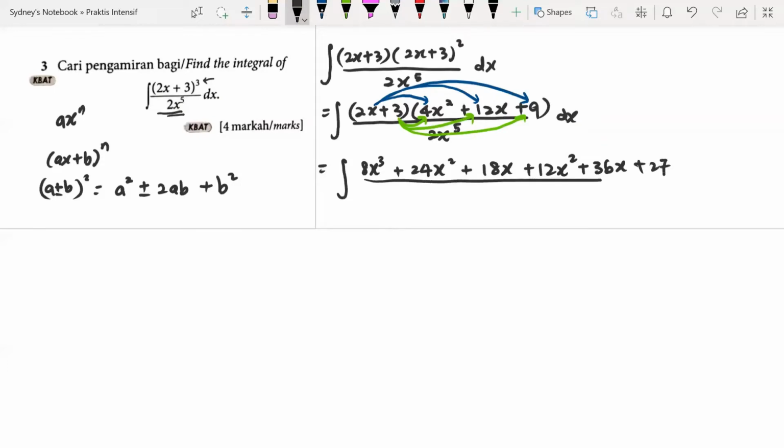Okay, over 2x to the power of 5. We're still simplifying the expression given, okay, so that we can integrate easier. So let's combine the like terms.